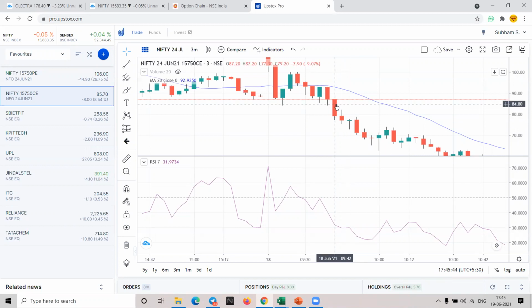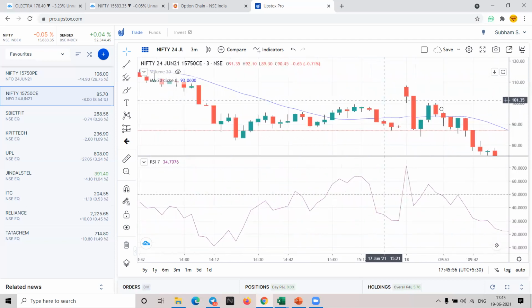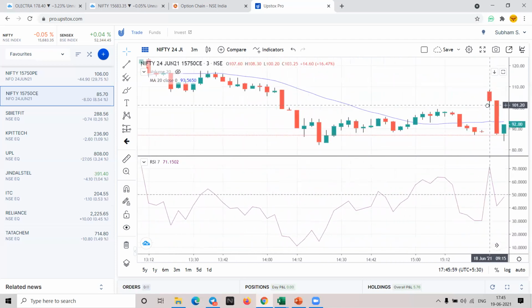Okay. So here, what are we checking out? First, this is the first entry, because there is a block candle, RSI value below it, moving average giving me indication of a downward slope. Can you check out the slope? It is downward, right?